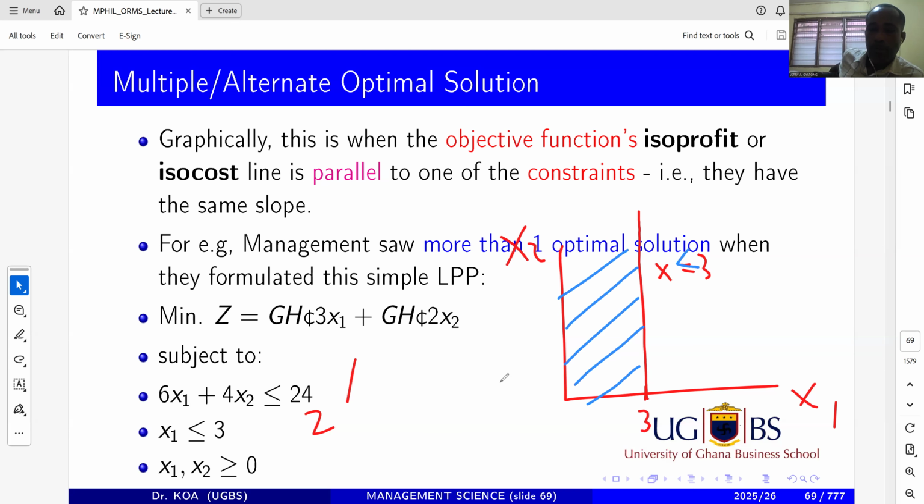Then you draw the next constraint, which is constraint 1. That is the only constraint that is left. If you divide both sides by 2, you get 3x1 + 2x2 = 12. Then plot it. If x2 is 0, x1 is what?